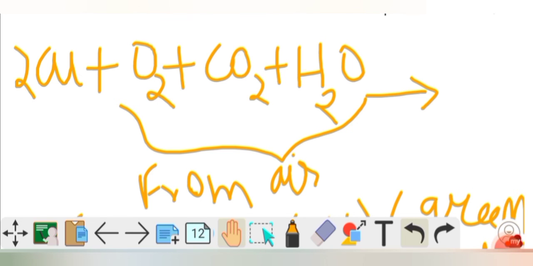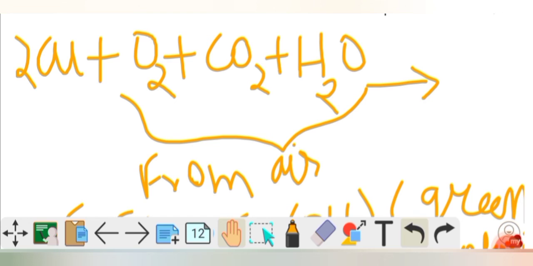In thermal decomposition reaction, it was the use of energy in the form of heat. So the definition is not that important. Then you write a very well labeled example, like you have to write solid, liquid, gas, aqueous form, and that heat is involved. Everything you have to write, then only you can fetch marks.